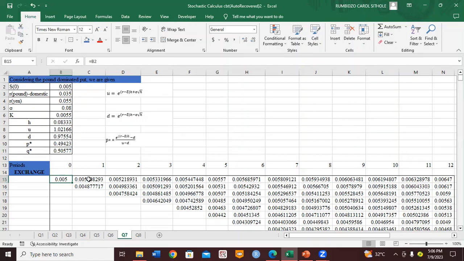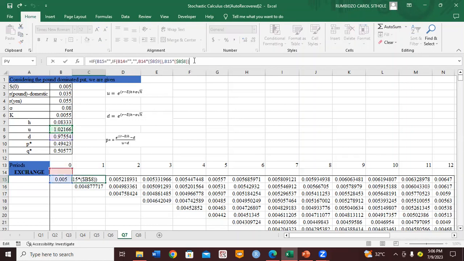So moving on, we're going to use the same thing that we used before, our SUSD. So if a cell is blank, it will leave it blank. If it's not blank, it will calculate that for us. So for this one, it will calculate SU, and you come down, enter.